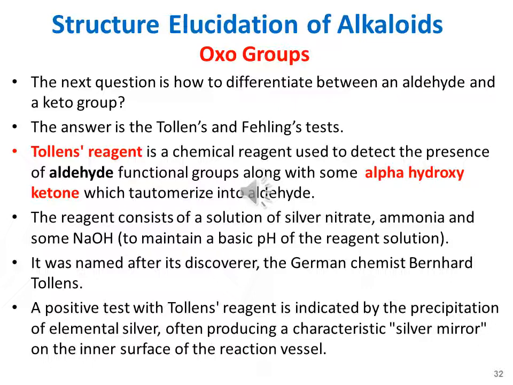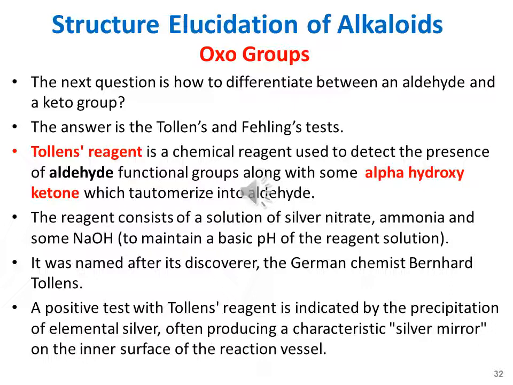Tollens reagent is a chemical reagent used to detect the presence of aldehyde functional groups along with some alpha hydroxy ketones that can tautomerize into aldehyde. So it exclusively determines the aldehyde, although it also detects some alpha hydroxy ketones which are present in the aldehyde tautomeric form.